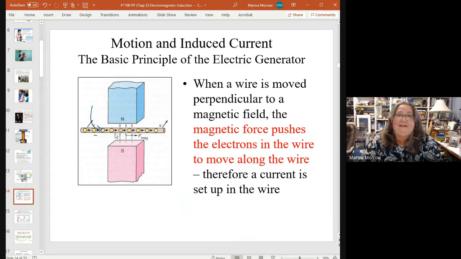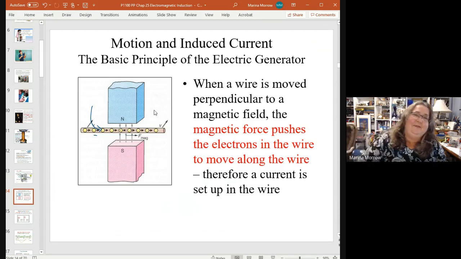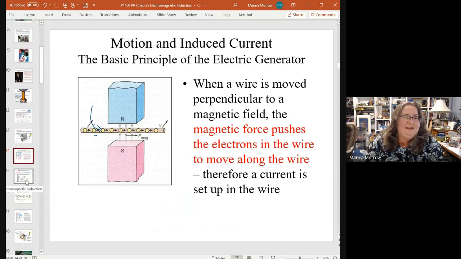Well, that means those electrons are being forced to go through the magnetic field, and so they start to experience a force that pushes them down the wire. Okay, so this goes back to that other principle about forces on charged particles. So that creates a current. And so that's how we get current, okay? That force, that push on the charged particles.